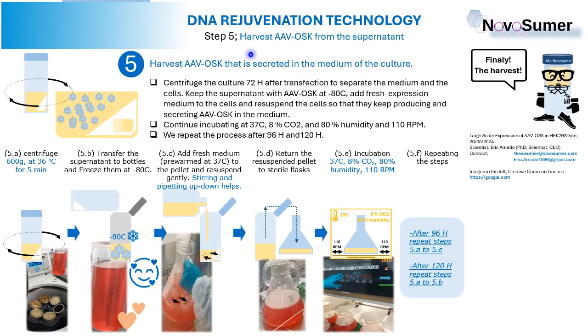Okay, it's time to harvest. It's the fifth and last step. Step number 5, harvest EVOs from the supernatant. And yeah, the key point here is just centrifuging. By centrifuging the culture, we will separate the supernatant, that is the medium, and the pellet.